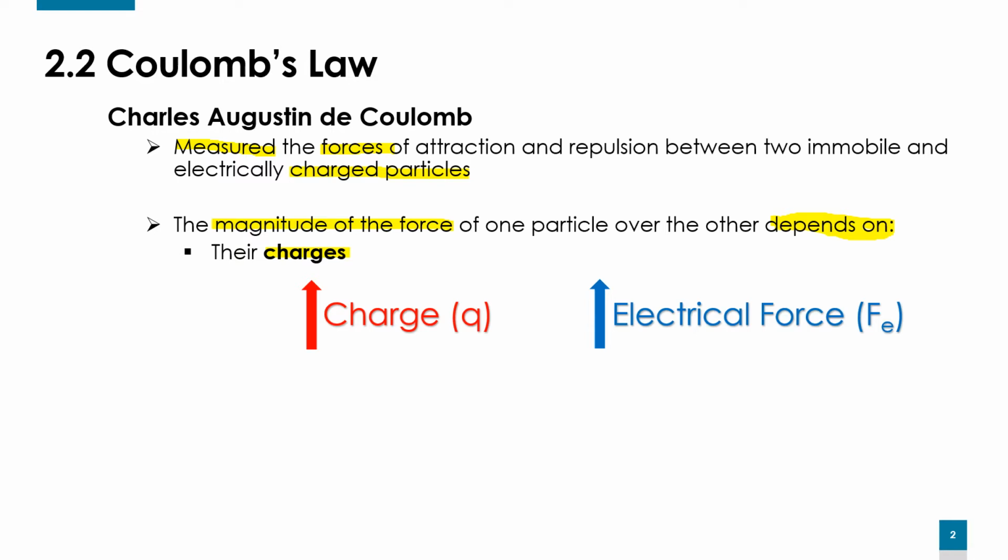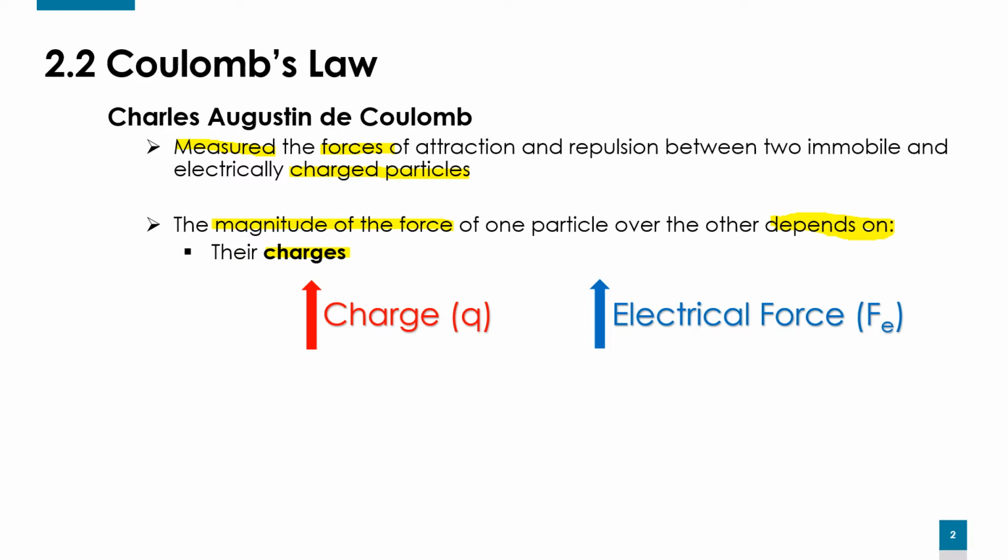Okay, so if the charges have the same sign, they're going to repel. If the charges have opposite signs, they are going to attract. If you're not familiar with this, please go back to the previous videos where I explain this force of attraction and repulsion. In this video I'm focusing just on Coulomb's law.